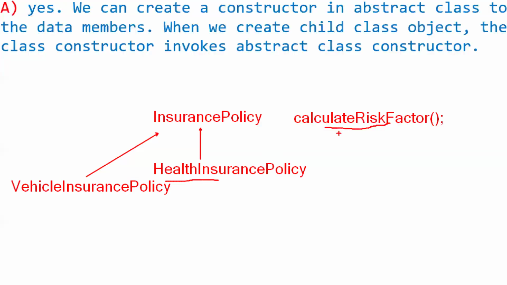Yes. So if you know that this functionality is required in the child classes, but the implementation should be different from one child class to another, then you have to make that method an abstract method in the parent class. That is where we identify the abstract method. Am I clear?